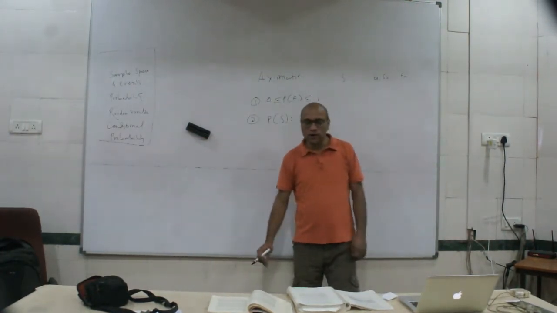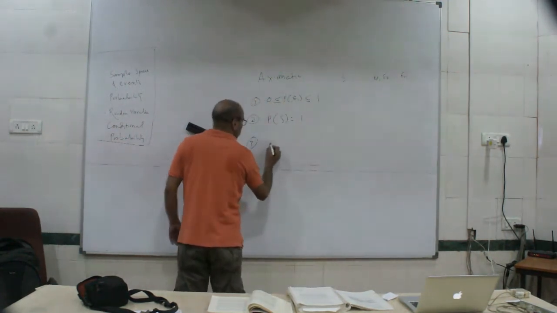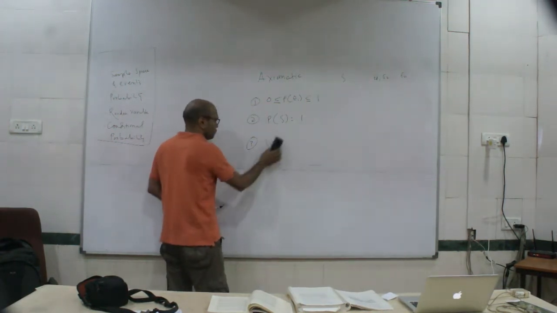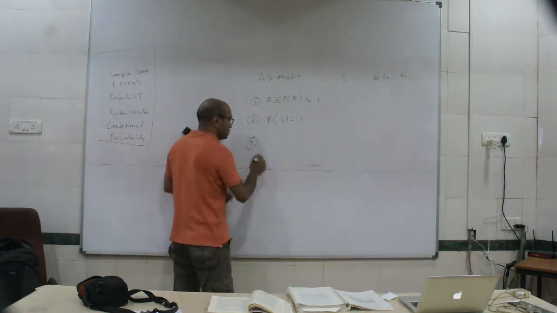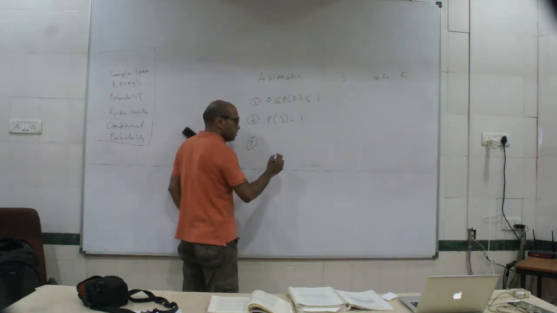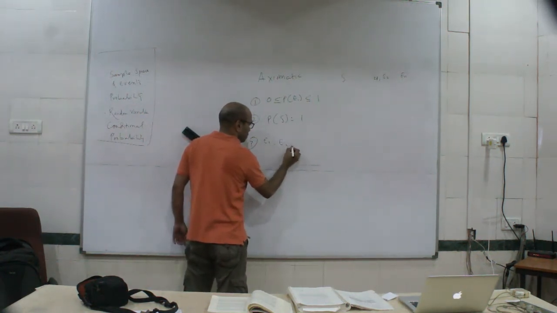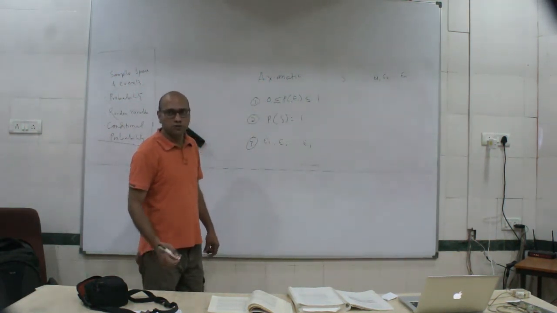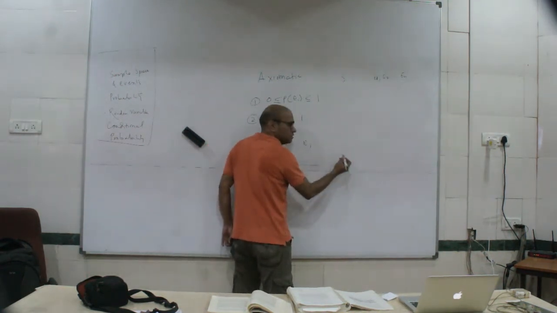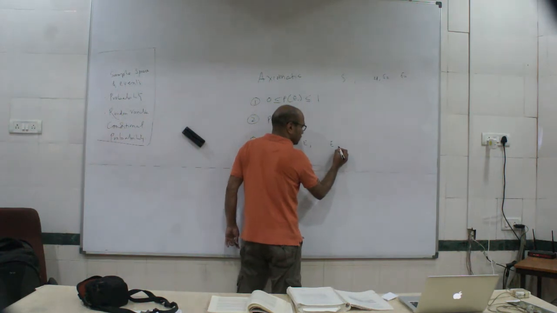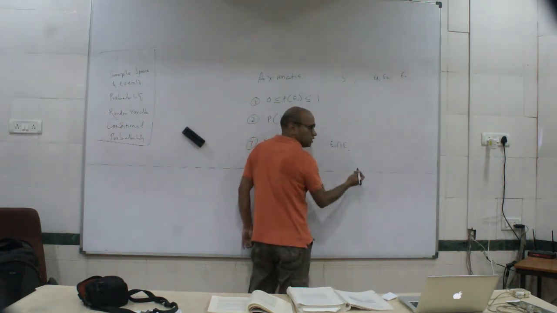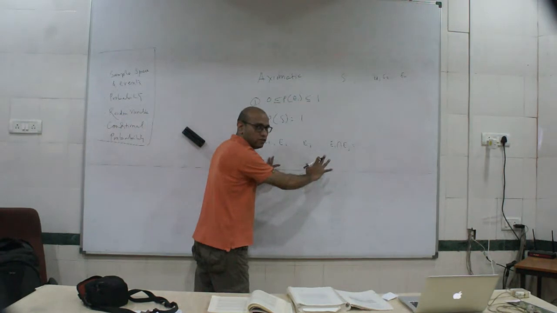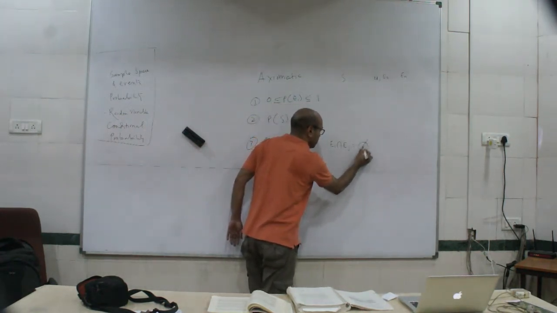Okay. The third axiom of probability concerns the union, but before we go to union, let's specify the condition. If E1, E2 up to Ej are mutually exclusive, that is, Ei intersection Ej for i not equal to j, if I take any two events and do the intersection, would be a null event.